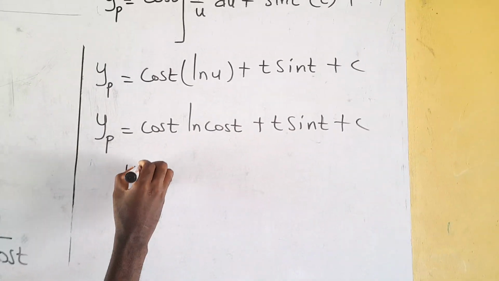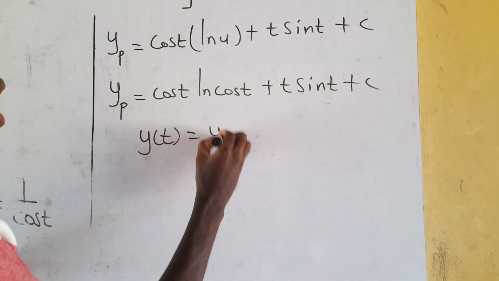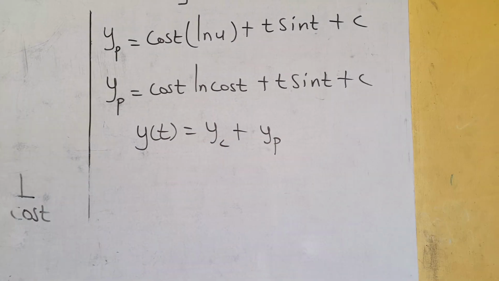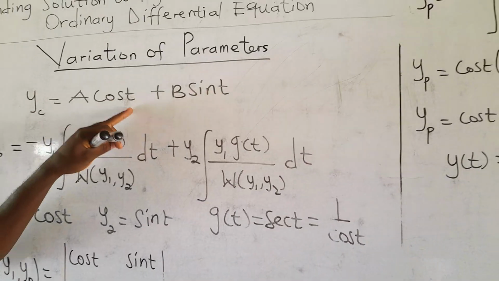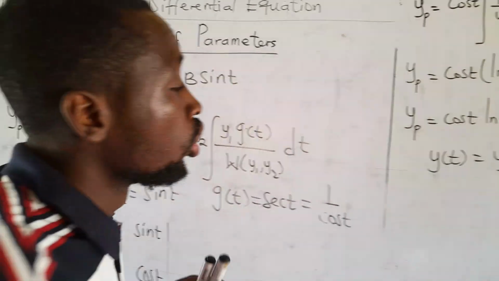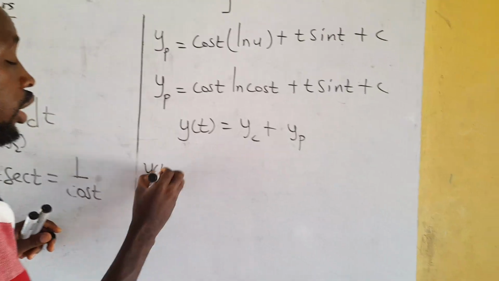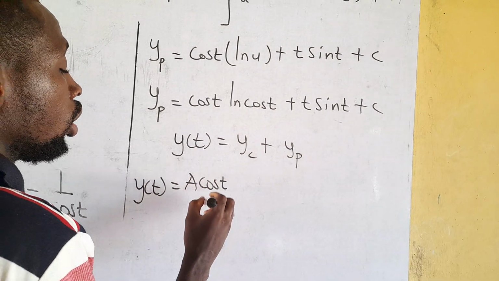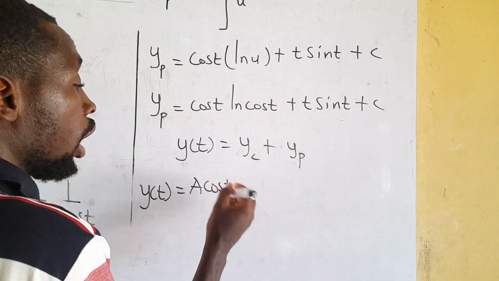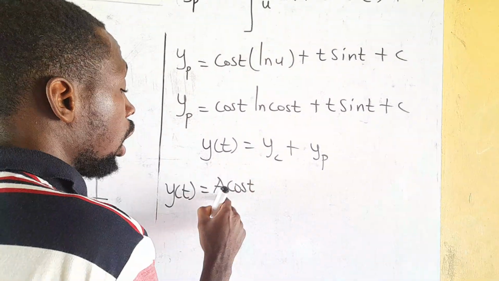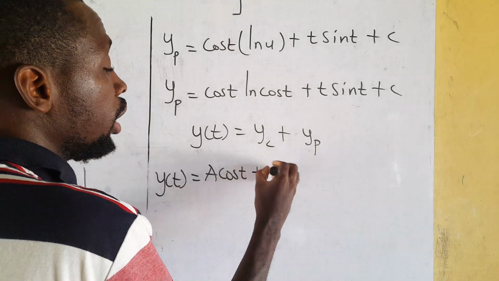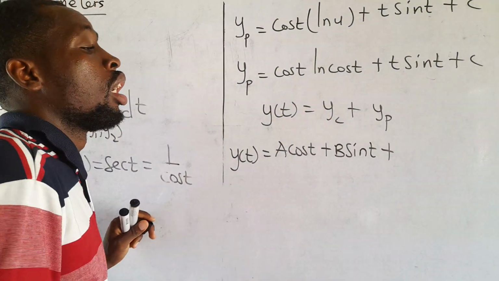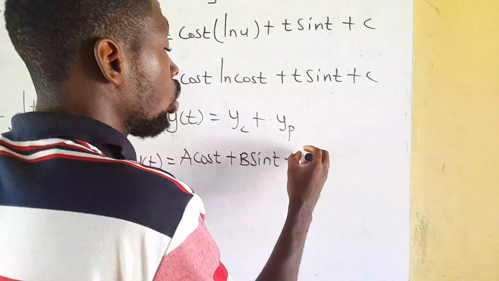And remember, we say our general solution is equal to y of c plus y of p. And we find our y of c to be a cos t plus b sin t. So we say our y of t is equal to a cos t, or you can say c1, anything, a cos t plus b sin t plus our y of p, which is what?